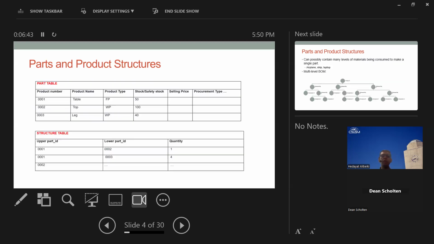This is how it's going to look in a parts table. So we have the parts table. That's a straight list of all items that exist in the whole company. Right? We got the unit code and so on, and then there are other things.